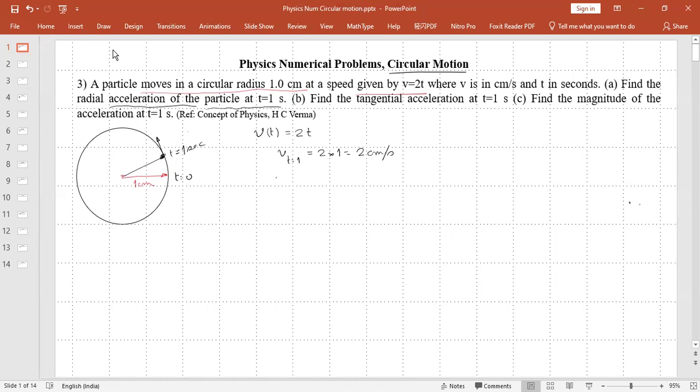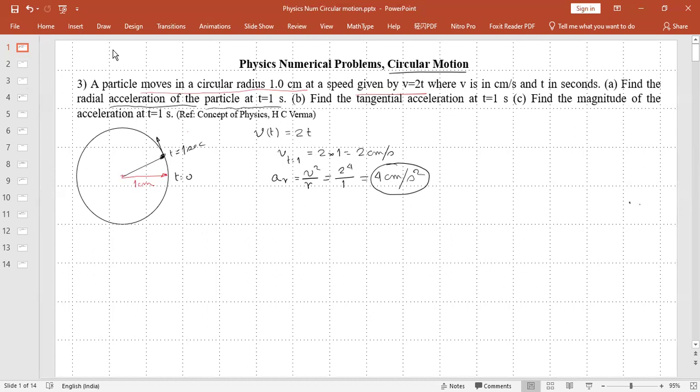And we know the radial acceleration a_R is given by the formula v square by r. So it is 2 square by r. R is given as 1 centimeter. So 4 centimeter per second square. This is one answer. This was not a difficult problem at all.